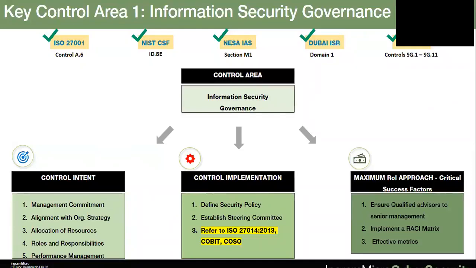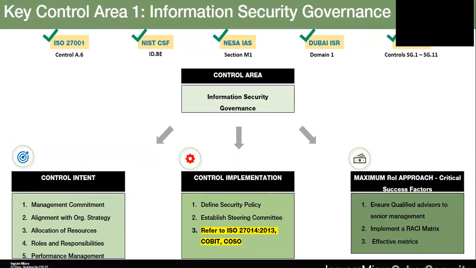We have specific frameworks that focus on governance, which can be referred to for implementing security governance. For example, one of them is COBIT. I believe you have already heard about COBIT, a model for IT governance, while COCO, for example, is a framework for corporate governance.